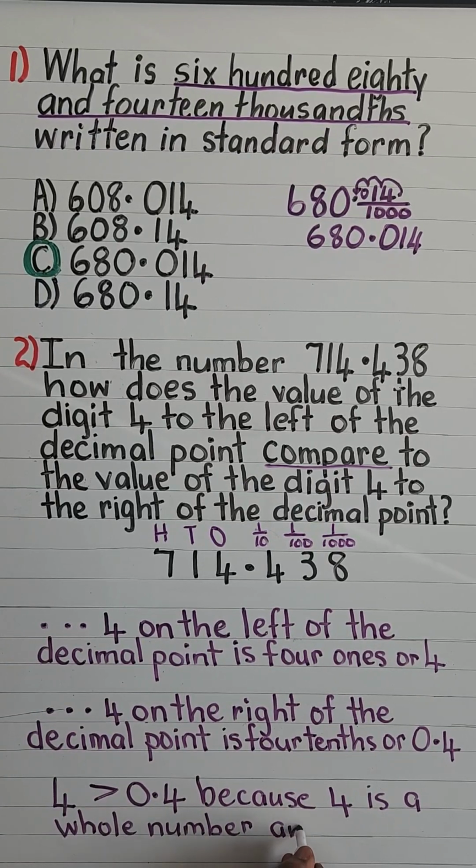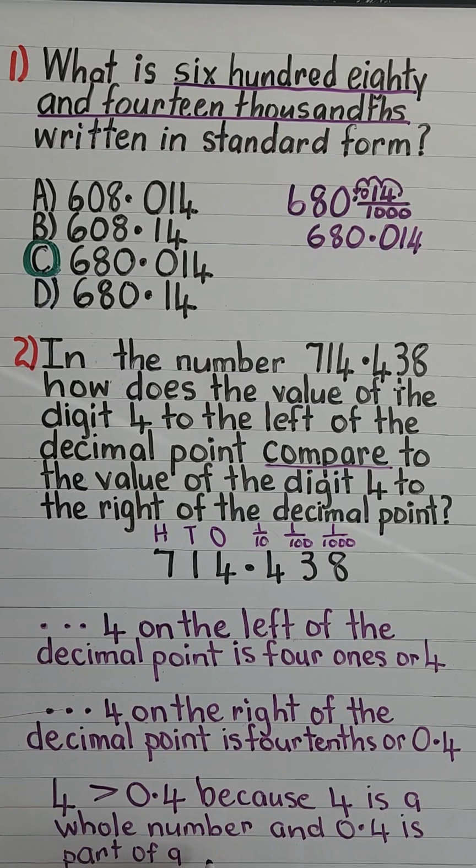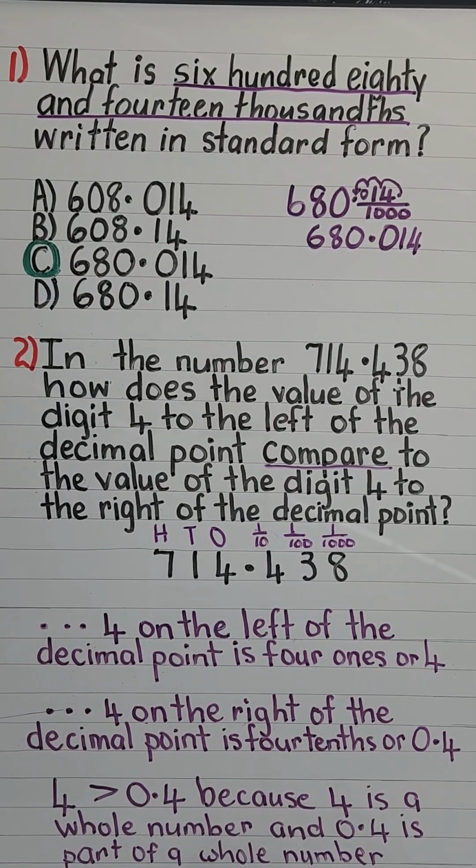And 0.4 is part of a whole number. And if we have all of that, that would give us our full answer.